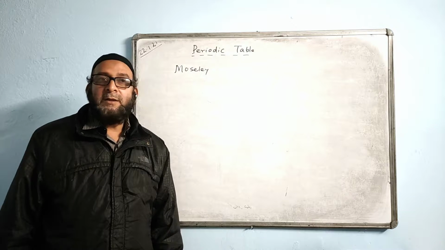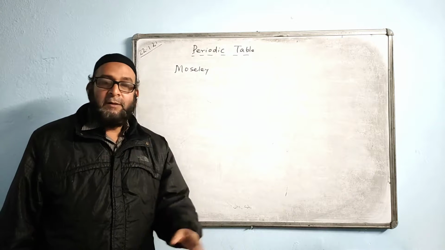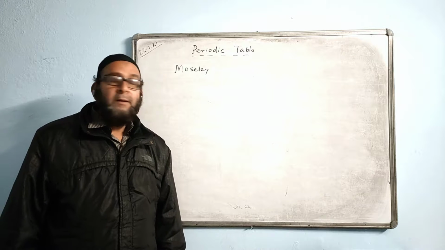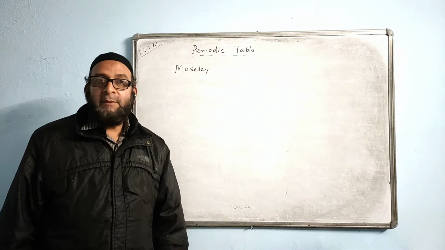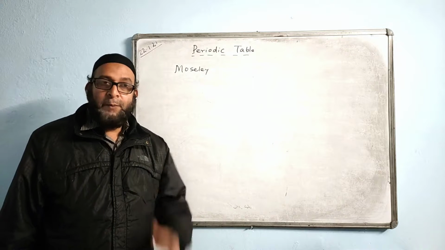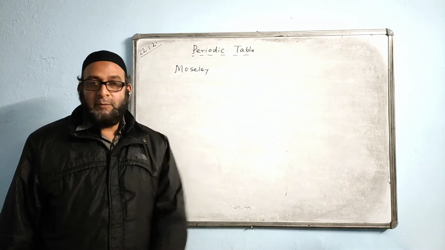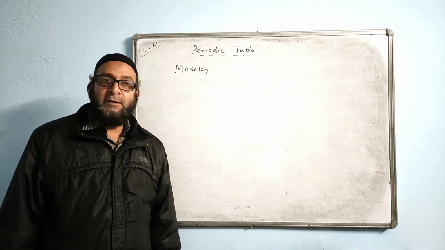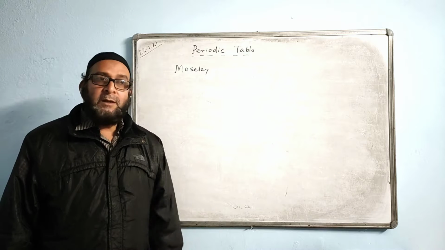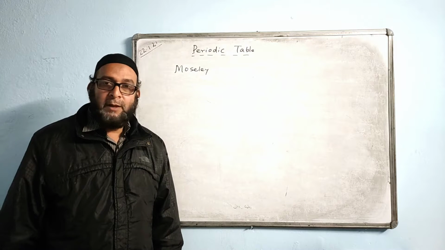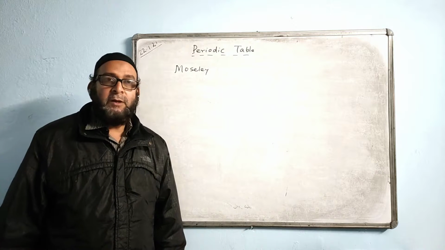The groups are 1 to 7 with A and B, that is 7 plus 7 becomes 14. Group 8 contains 3 columns, then 14 plus 3 is 17, and 1 column is there, that is group 0 for noble gases. The total is 18 vertical columns.